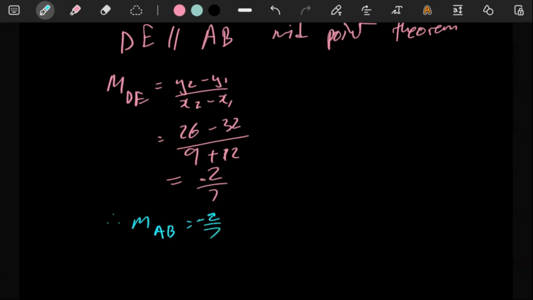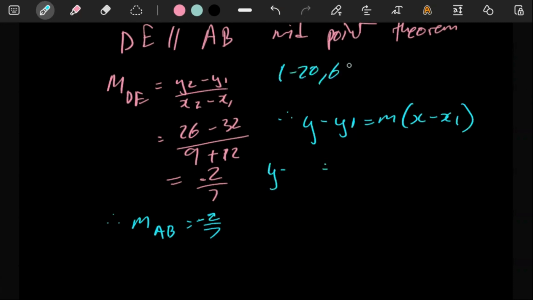Fantastic. So therefore, y minus y1 equals m times x minus x1. We had negative 20 and 64, so y minus 64, gradient negative 2 over 7, and then x plus 20.